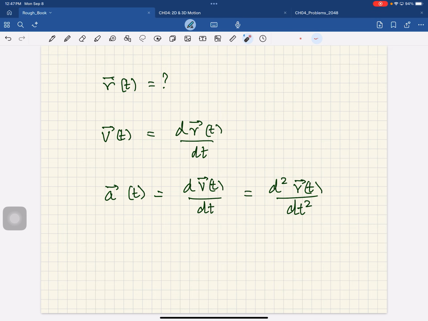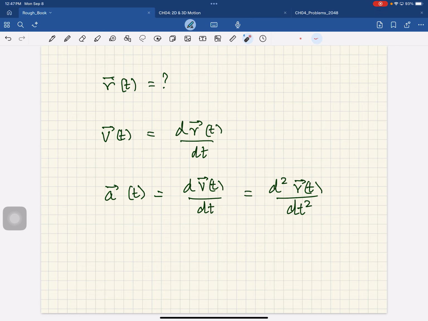So that's what we are about. Do you guys have any questions? Do you understand this? So all we're doing is now three-dimensional motion, so you need three functions to specify the location of the particle, and you can calculate the velocity using this formula and the acceleration using this formula.